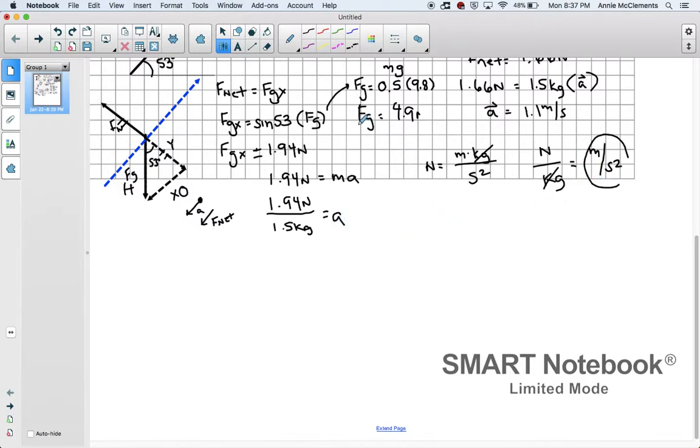So watch out, make sure that you're using Fg when appropriate and mass when appropriate, okay? The answer here, right, acceleration is going to be around 1.3 meters per second squared, all right?